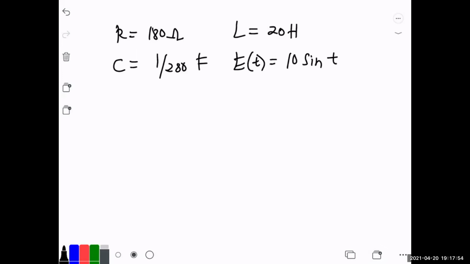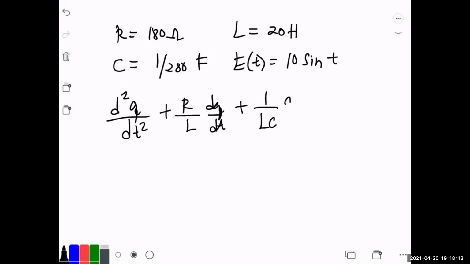So with this kind of problem, we have to use this form of the solution: d squared q over dt squared plus R over L dq over dt plus 1 over LC q equals 1 over L E(t). All right. So what we need to do is substitute all of the given values into our equation. I'm going to use the dot form for our differential variable.